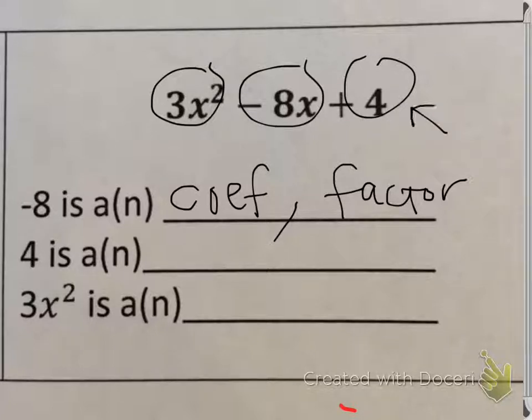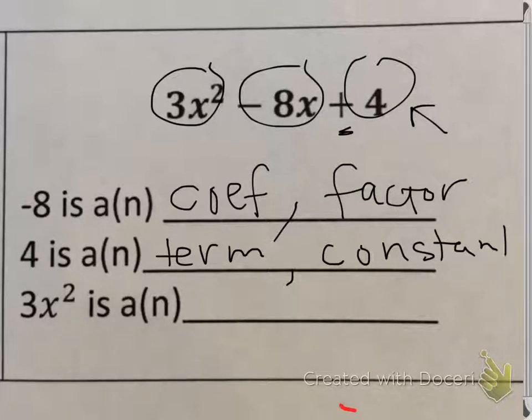Looking here at the 4, it could be a term because it's by itself separated by that addition sign. But it's also a constant because there's no variable on it. So a term or a constant. 3x squared is a term because it's separated by that minus sign. And it's all chunked together into the whole term.